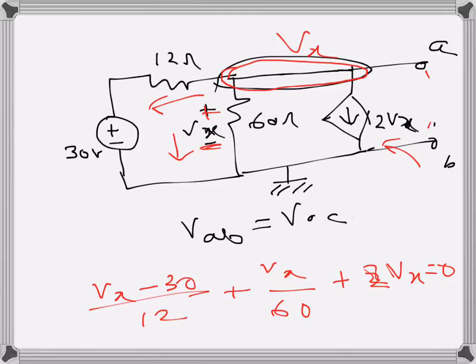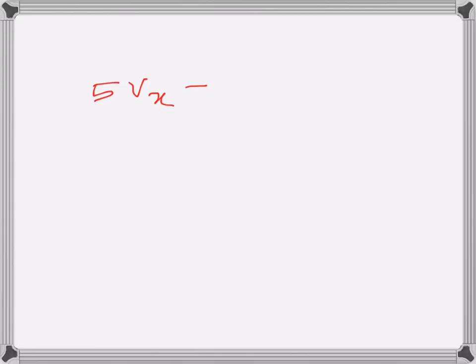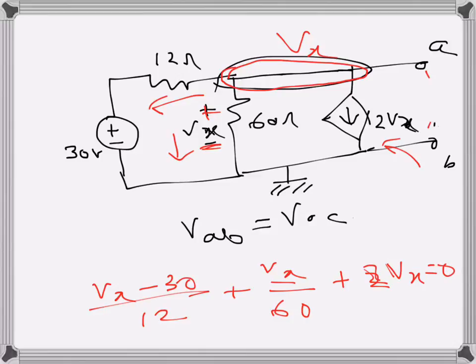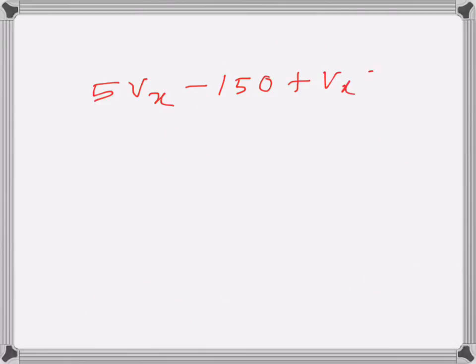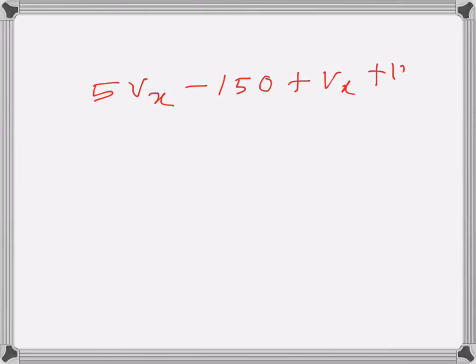So what I will do now, I will multiply both sides by 12, so 60, so it will become 5Vx minus 150, plus this one will be just Vx, and this one will be multiplied by 60, so 120 Vx, is equal to 0.